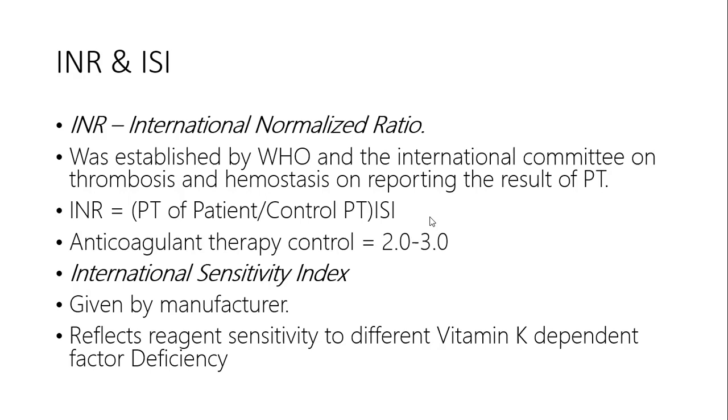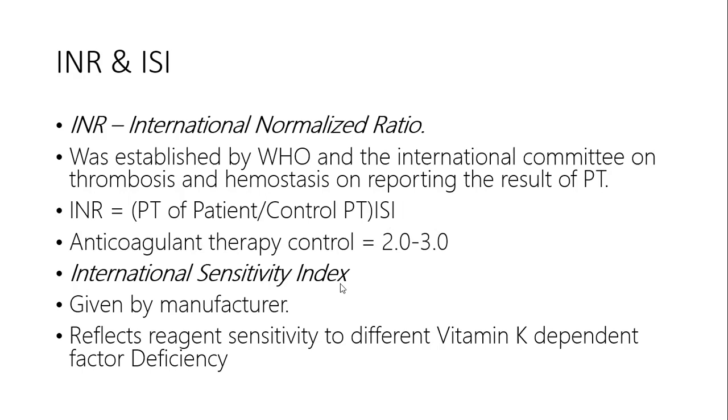We have actually a calculation for the INR. First, we get the prothrombin time of the patient divided by the prothrombin time of the control sample raised to the power of ISI. What is ISI? By the way, the ISI is the International Sensitivity Index.